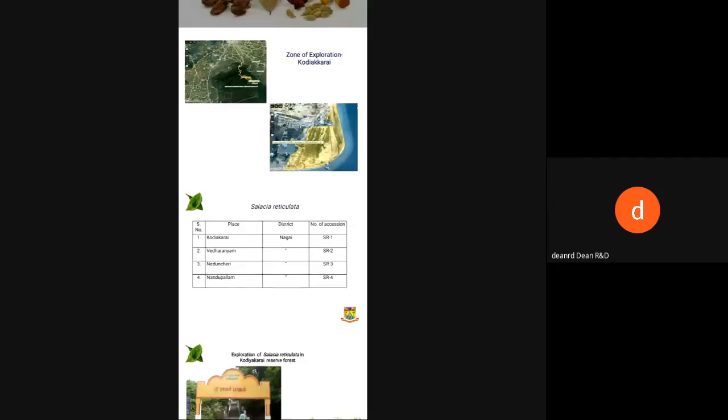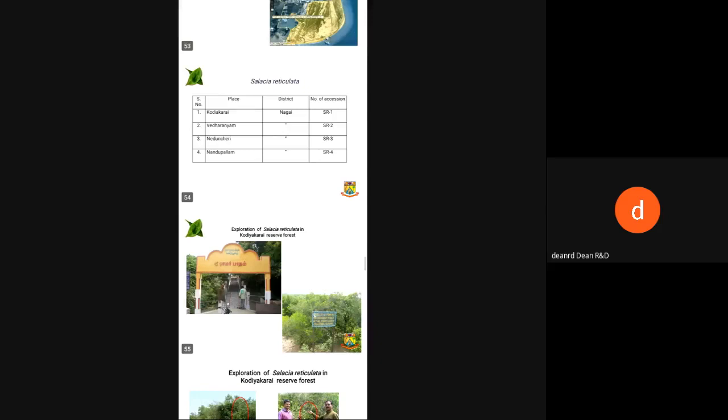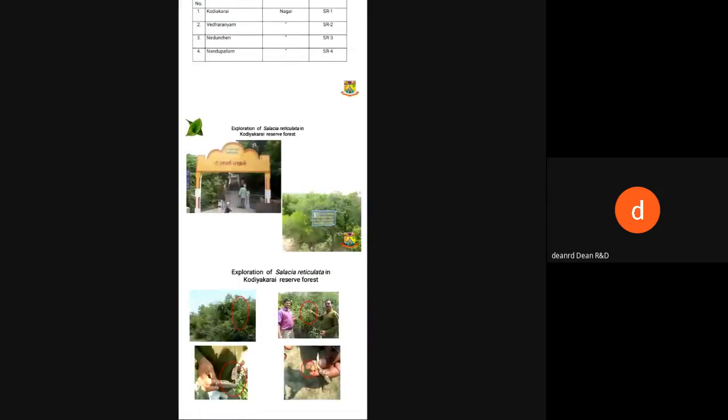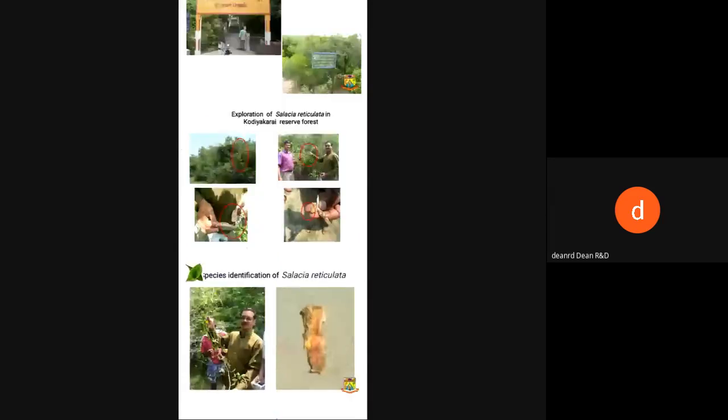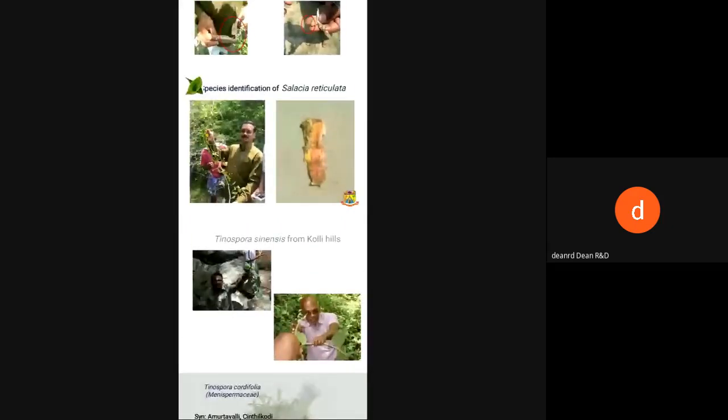These are the 4 locations we identified, where we have seen the Kodiyakarai Reserve Forest, the Ramarpadam, and the foothills we have found at the highest point in the sanctuary of Kodiyakarai and Vedaranyam. This is the Salacia reticulata.